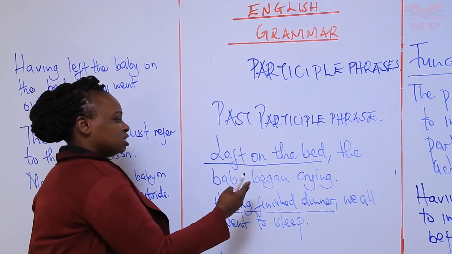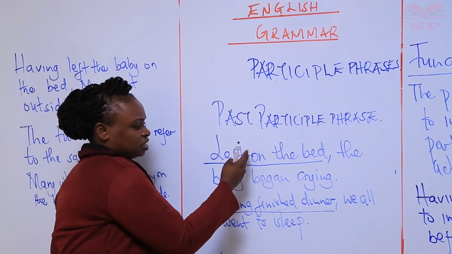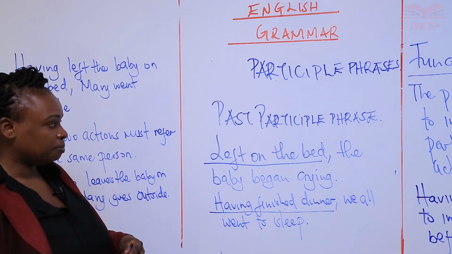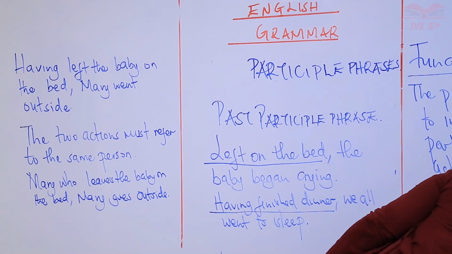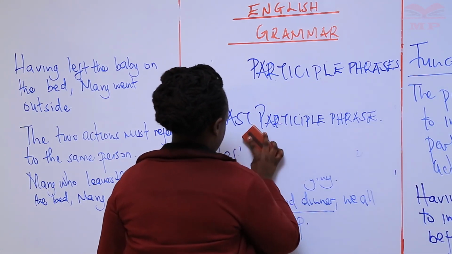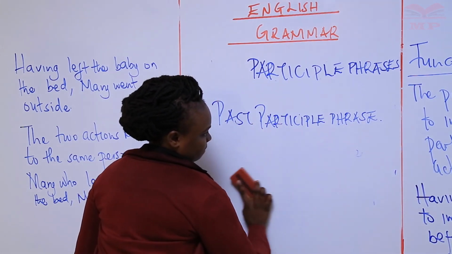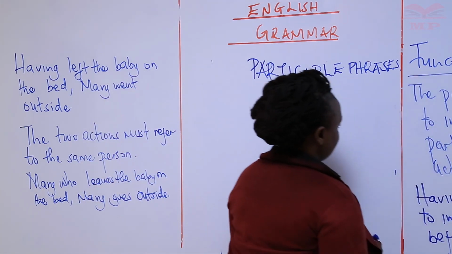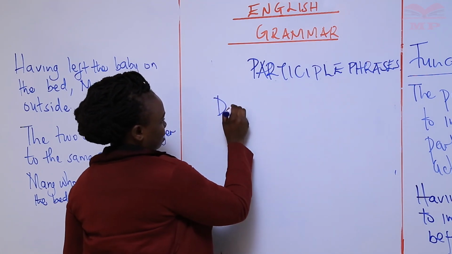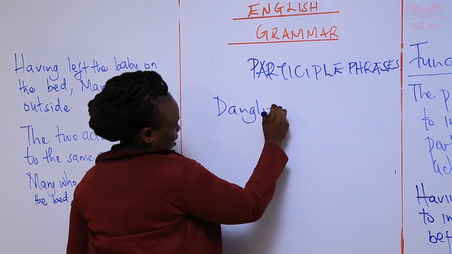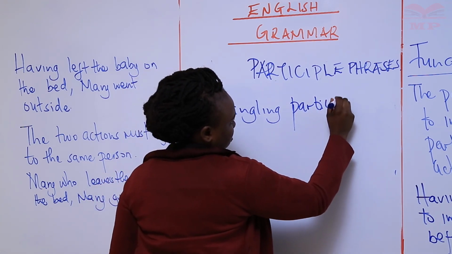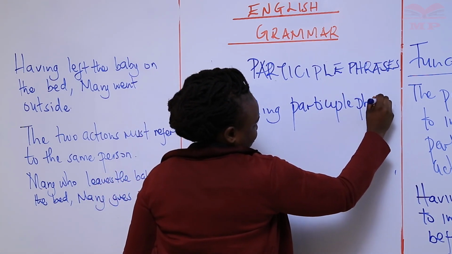The two actions, in the sense that the action in the participle phrase is not performed by the subject in the main phrase. For example, I have said the dangling participle phrase.